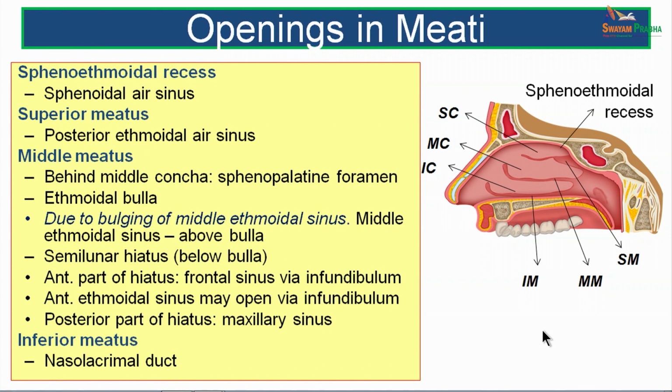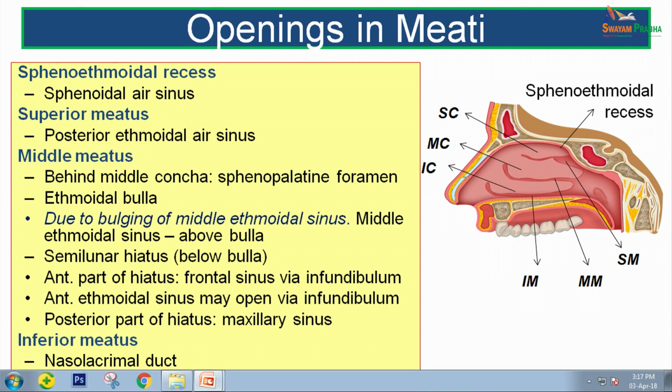The anterior part of the hiatus semilunaris shows the opening of the frontal sinus via the infundibulum. Also, the anterior ethmoidal air sinuses open in the anterior part of the hiatus via the infundibulum. The posterior part of the hiatus semilunaris shows the opening of the maxillary sinus. The inferior meatus shows the opening of the nasolacrimal duct.